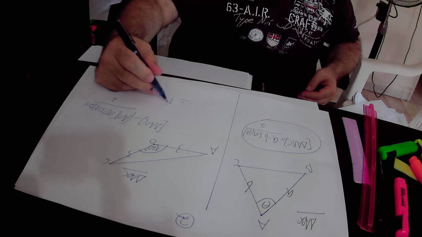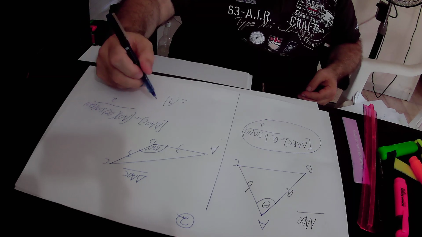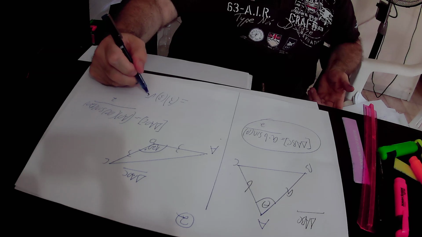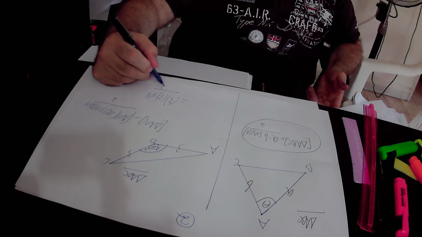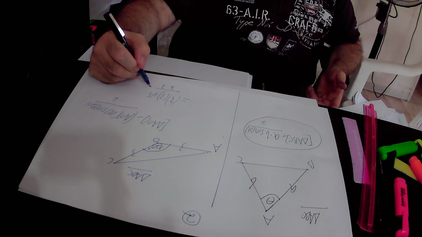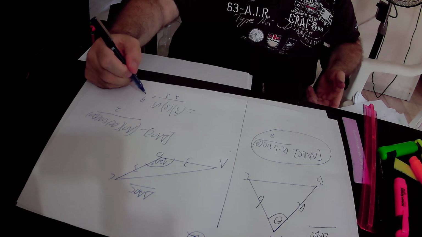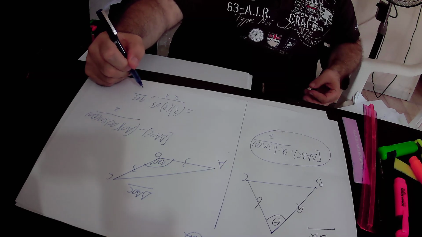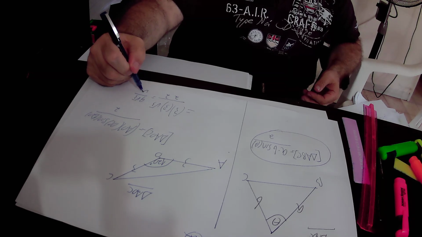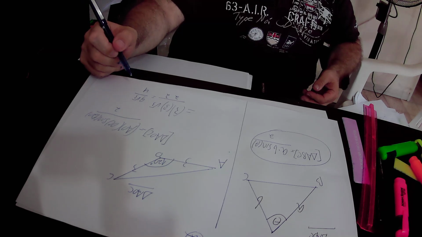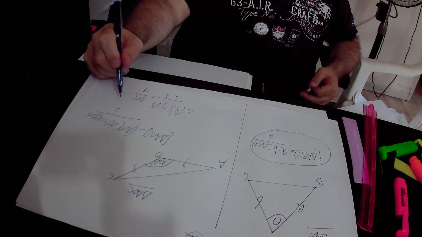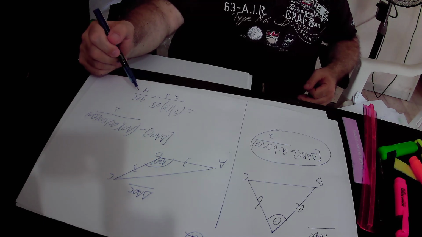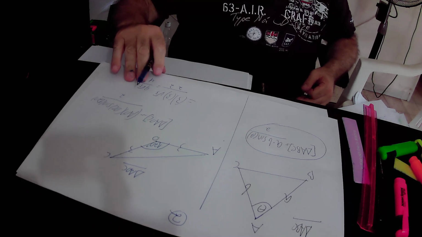AO is 3, OC is also 3. Sine 120 degrees is equal to square root of 3 over 2, all divided by 2. 3 times 3 is 9, so in the numerator we have 9 times square root of 3. In the denominator we have 2 times 2, that is 4. In conclusion, the area of this triangle AOC equals 9 times square root of 3 over 4 square units.